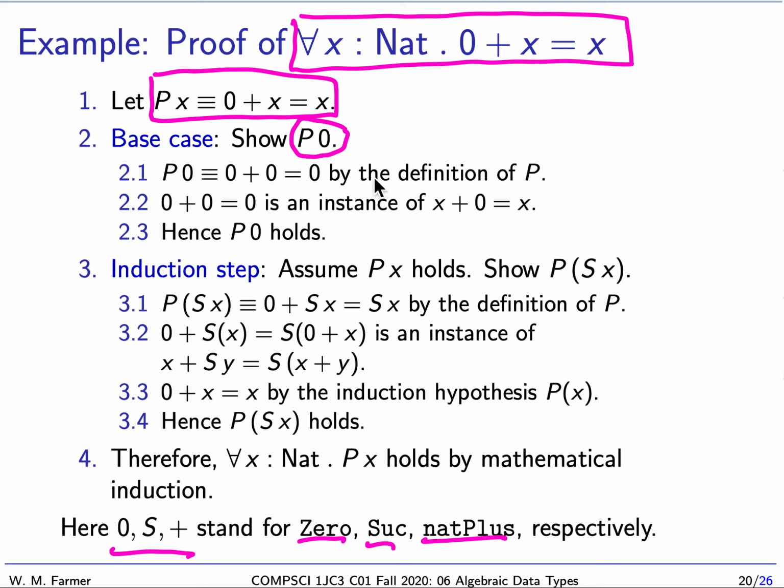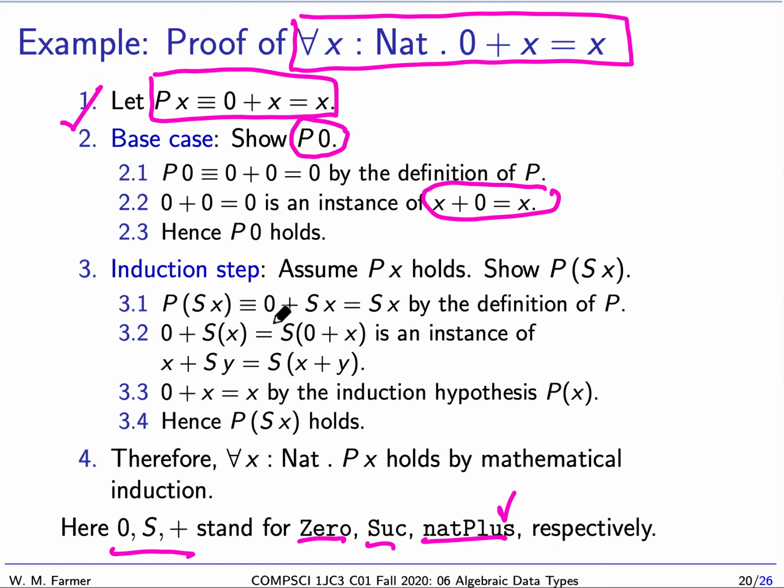That's true by the definition of P. So we know that 0 plus 0 is an instance of this right here. This is the first part of the definition of nat plus. So we know this holds, therefore P of 0 holds, therefore we are done with the base case.